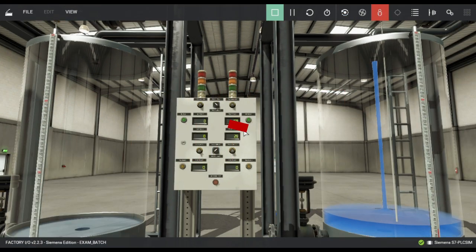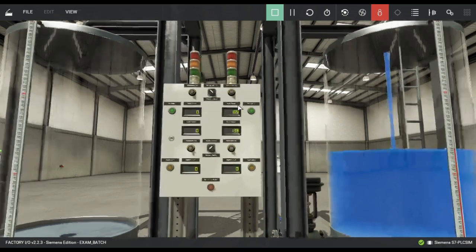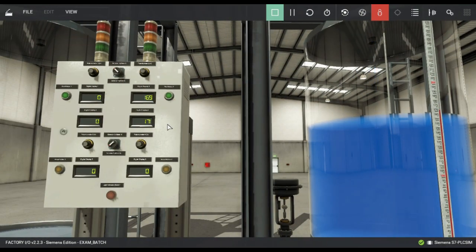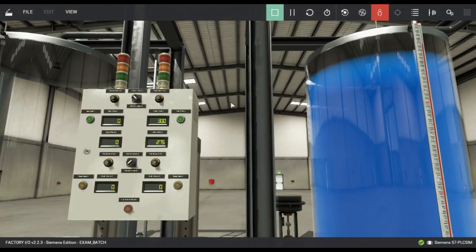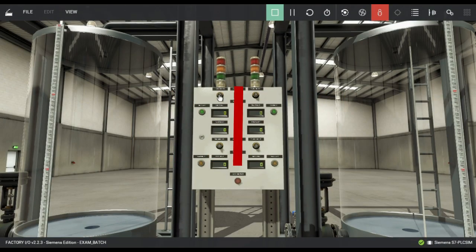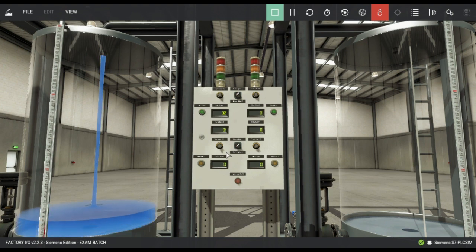Next, it shows that tank 2 fills the number of times indicated by the filling potentiometer of tank 2. Then it shows that tank 1 fills and empties the amount indicated by the potentiometers.